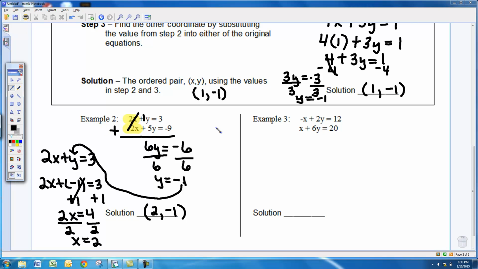Okay, one more example. Go ahead and find the opposite pairs and highlight them or circle them. Here's our opposite pairs. Now add the two equations together.